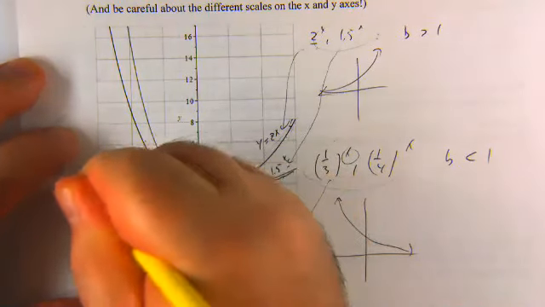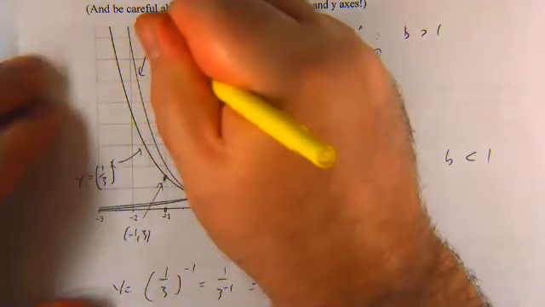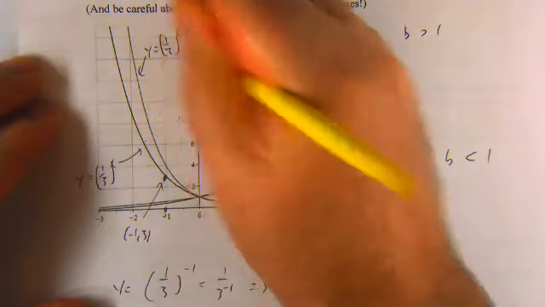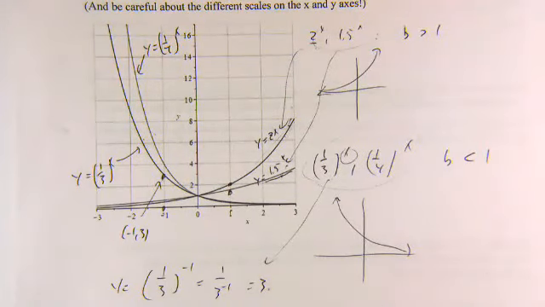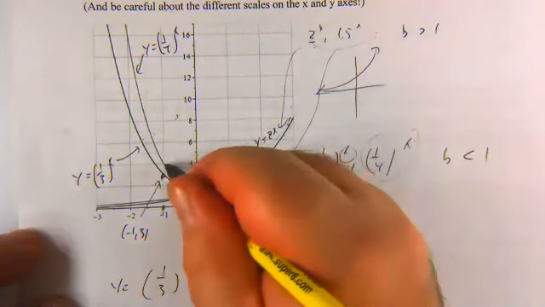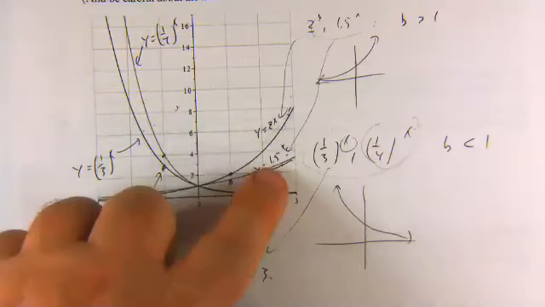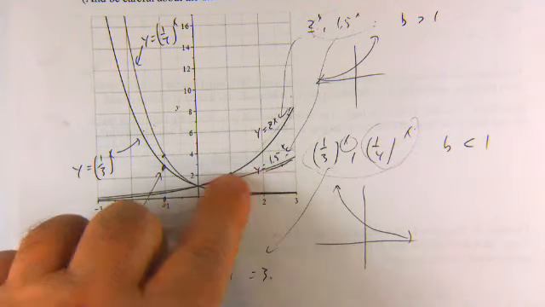So this graph is y equals 1/3 to the x. This graph is y equals 1/4 to the x. If you plug in x equals -1 here, you get 4 for y.